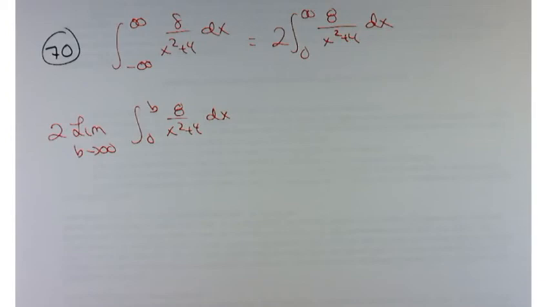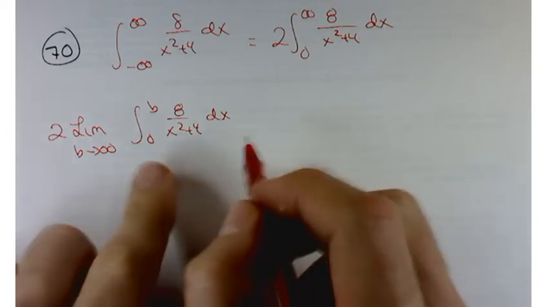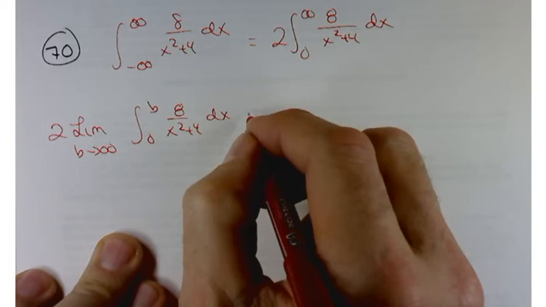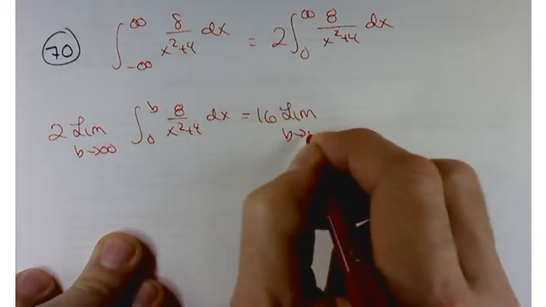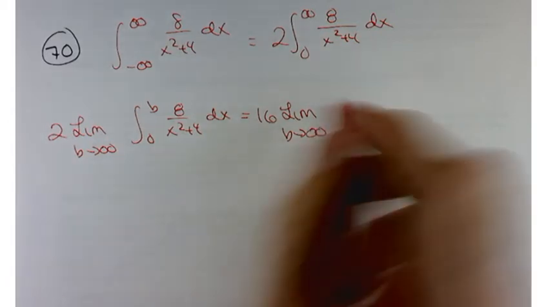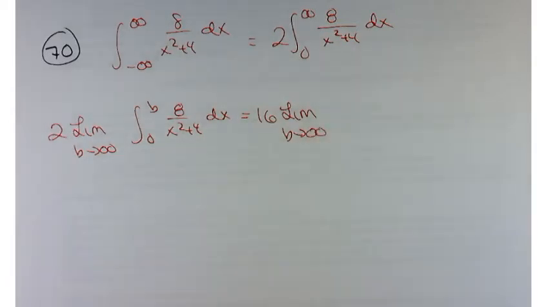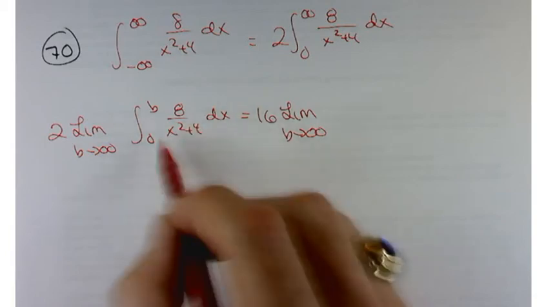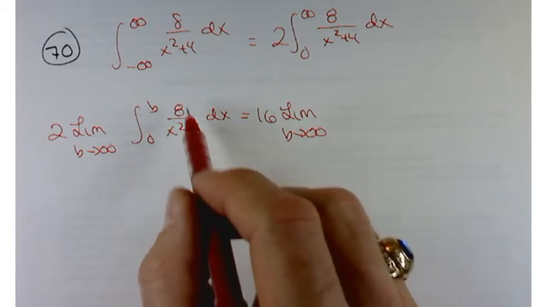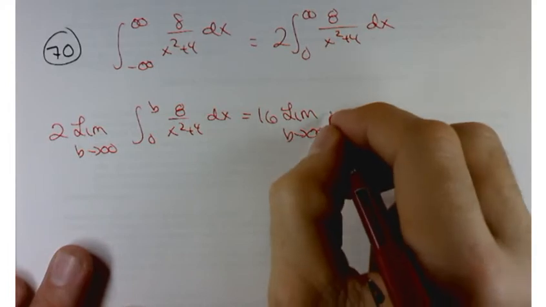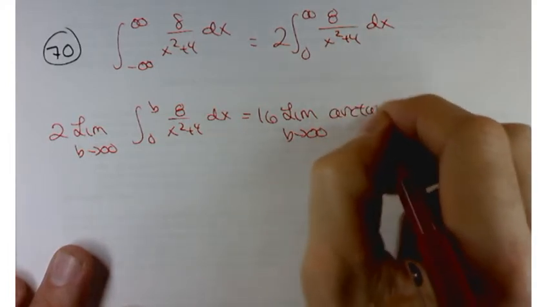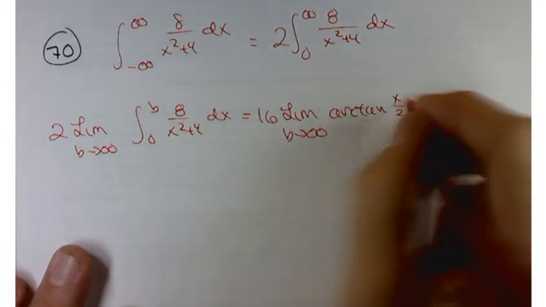Okay. The 8 can come out in front, so that's going to be a 16 times the limit as b approaches infinity. Any help on what the integral is? What do I get when I integrate dx over x squared plus 4? Arctangent. Arctangent of what? Good. So arctan of x over 2.